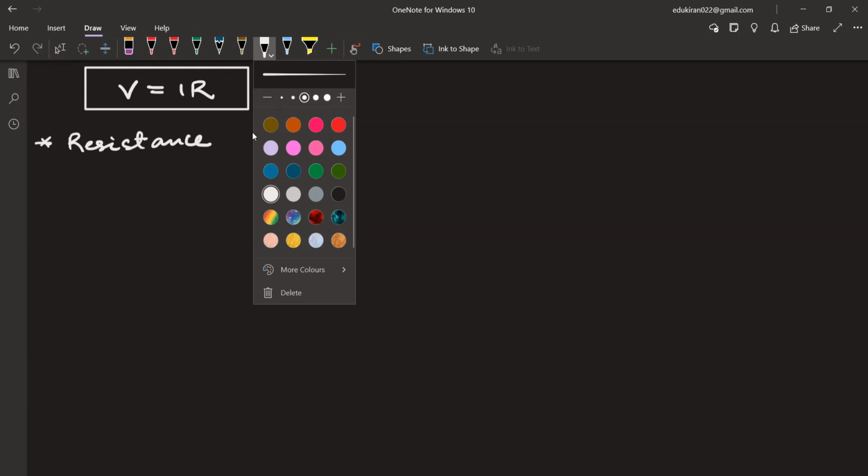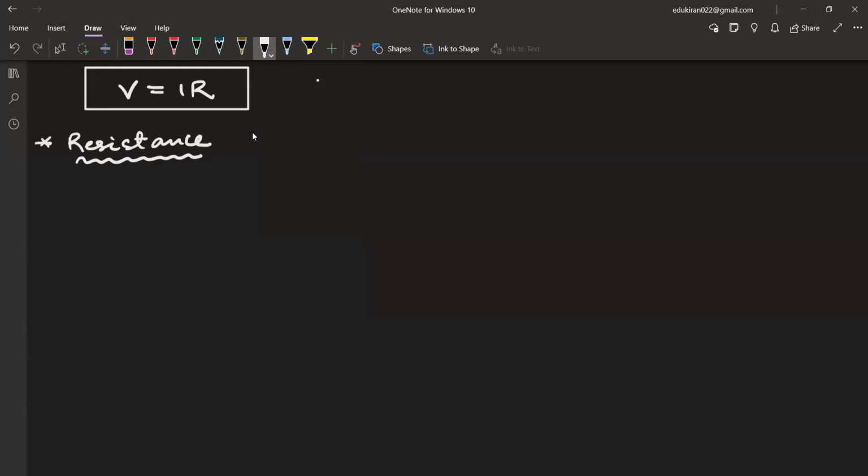So resistance definition does not need to be written, I hope. What does it measure? It measures the magnitude of obstruction in the flow of current. How much barrier it is getting. You just need to remember that resistance is directly proportional to the length of the conductor.